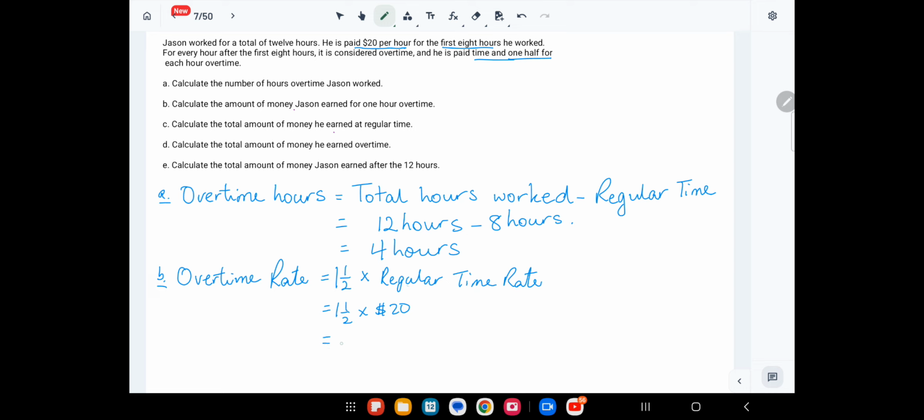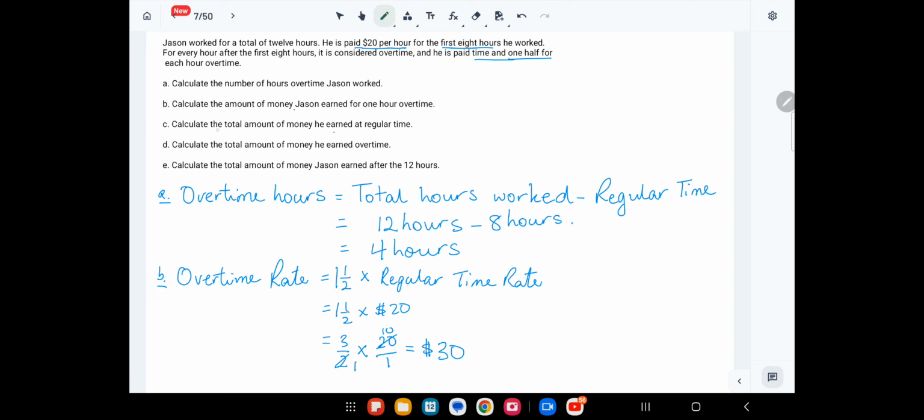So we say 1 by 2 is 2, add 1 is 3 over 2, multiply by 20 over 1. To represent a whole number as a fraction, you put it over 1. So we can cancel here. 2 could go into 2 1 time, 2 could go into 20 10 times. 3 multiplied by 10 is 30. So that means he is paid $30 per hour for overtime.